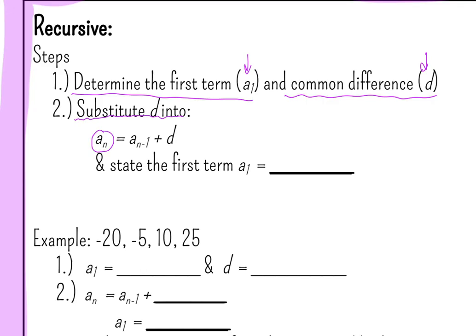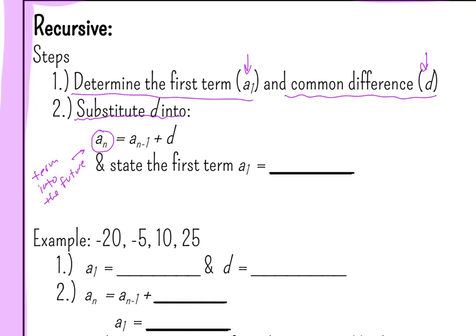A sub n, meaning a term we don't know, so it could be a term into the future, so to speak, or technically the past, right? It's just a term we don't know. And then what happens next in the formula is we use a sub n minus 1 plus the common difference.